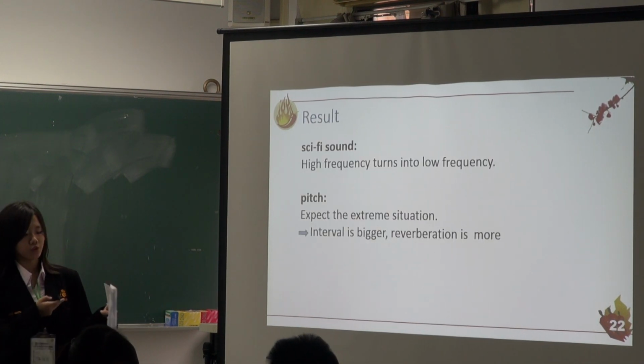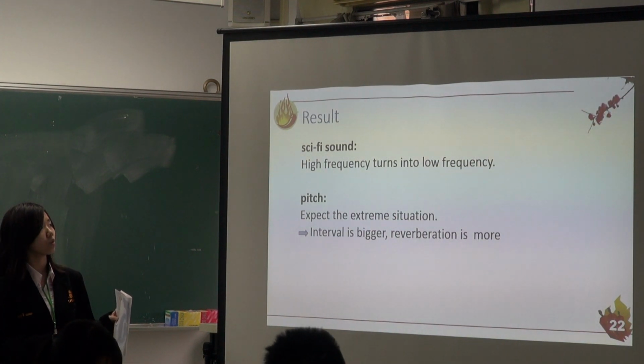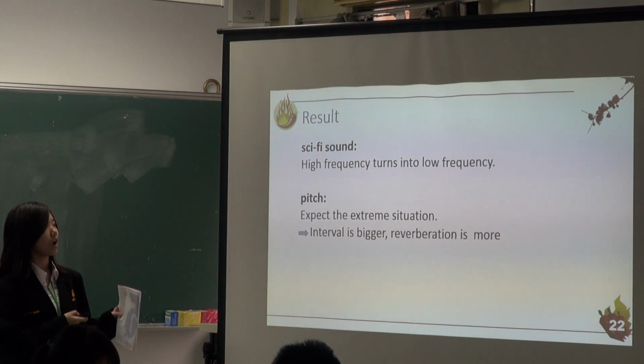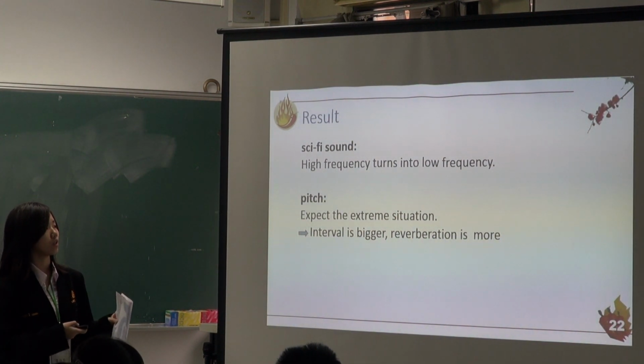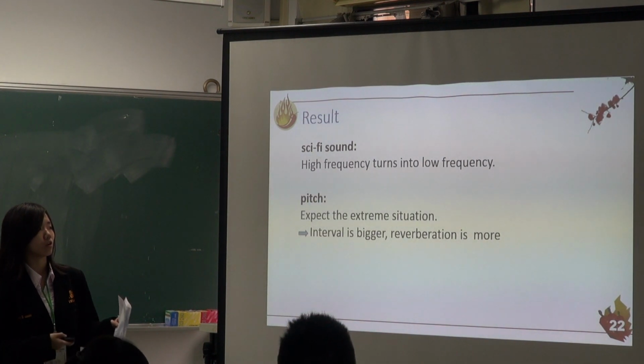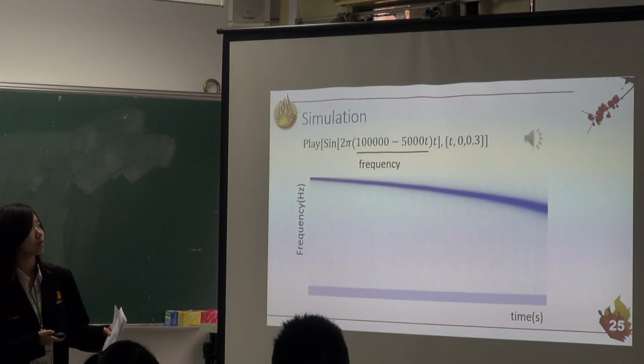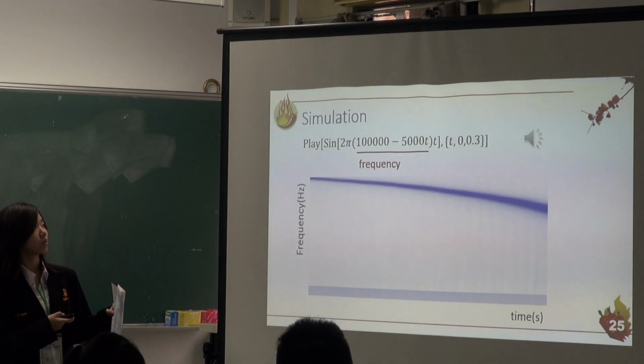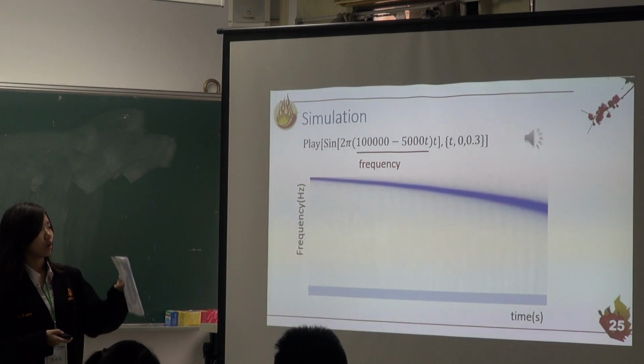And this is the result of my experiment: the sidewise sound is high frequency turning into low frequency, and for the parameter of pitch, except in extreme situations, the bigger the interval, the smaller the reverberation. And I used the simulation, and you can hear the sound.